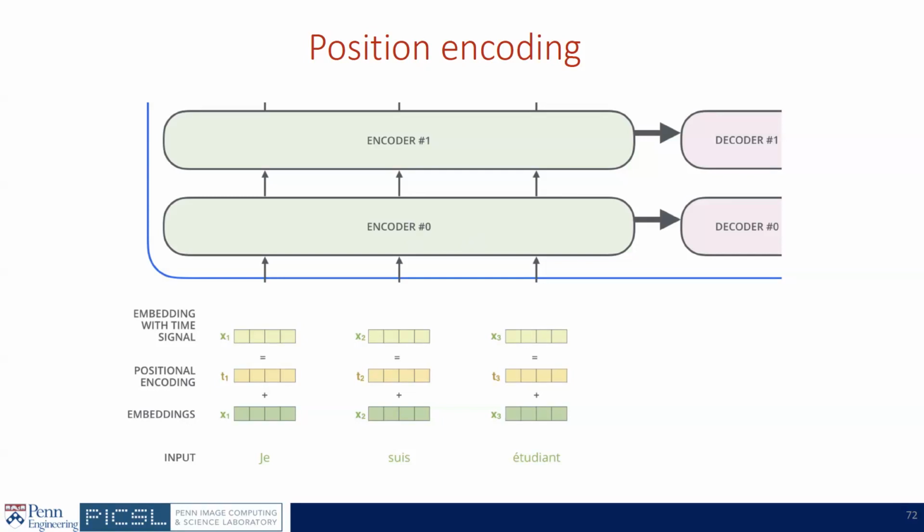It could be as simple as 1, 2, 3, 4. I can assign a one-hot vector which tells the network that this particular word is at position 1, this one at position 2, this one at position 3, and so on. But that is a very vanilla way to do it. We want something which is learnable.